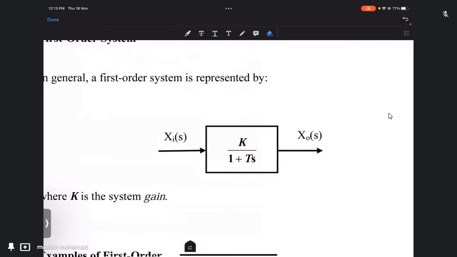So again, let's start for the first order. The general transfer function for the first order is k over 1 plus ts.